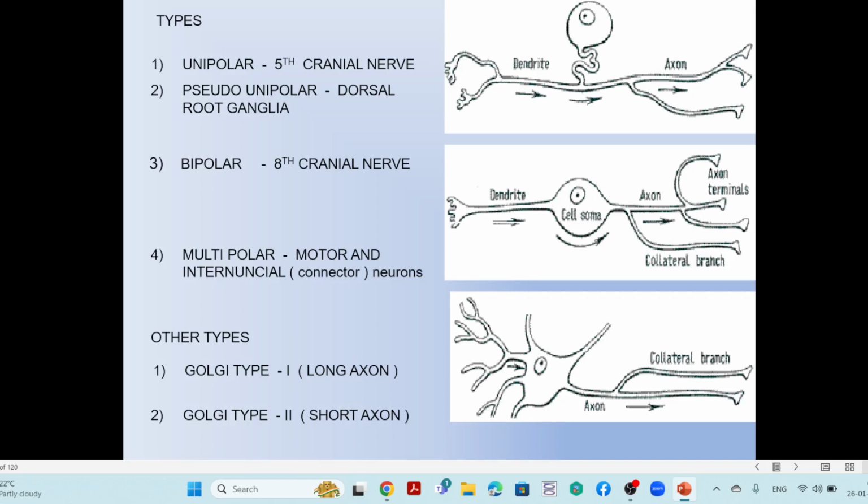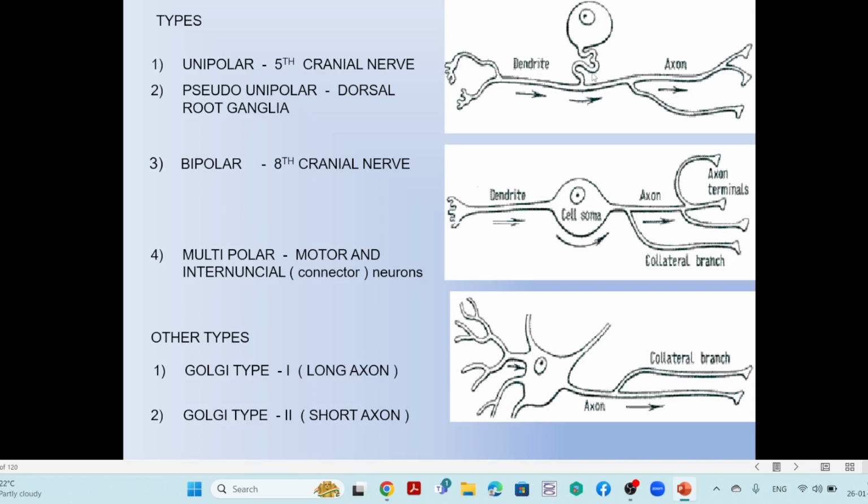The unipolar and pseudo-unipolar are almost the same. Some texts explain it as unipolar and some explain it as pseudo-unipolar, as separate, but these two have almost similar features. In the unipolar, you can see this figure: the cell body has a single process.